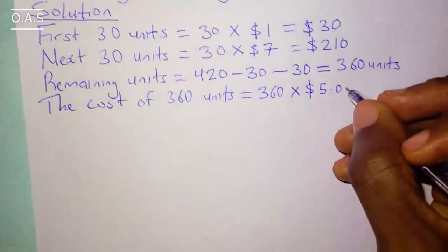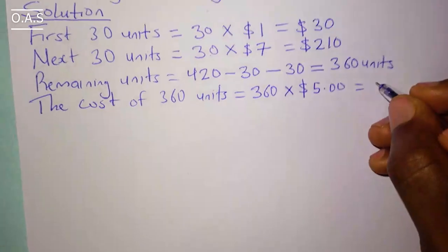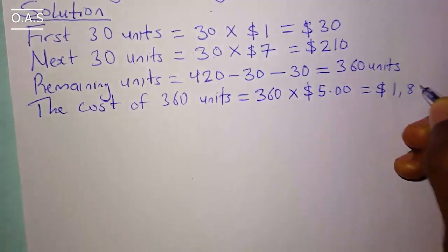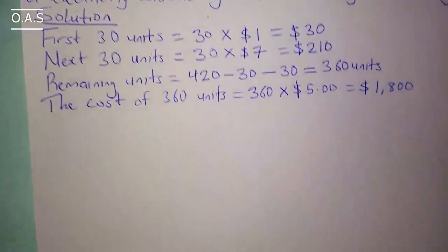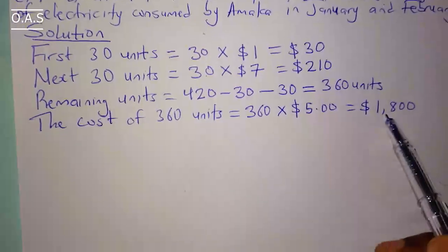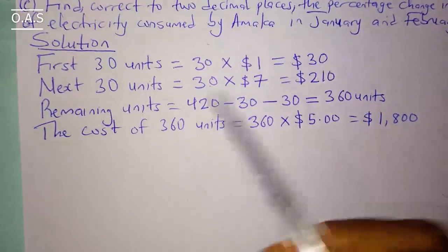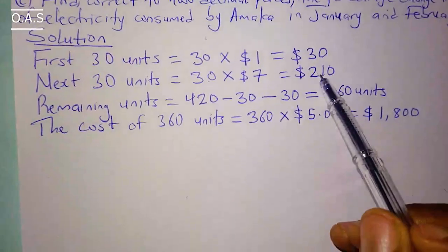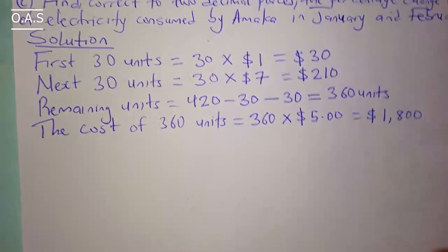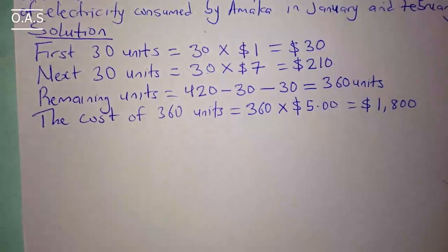That's going to be equal to $1,800. So the 360 units we have not accounted for will cost $1,800. So the first 30 units is $30, the next 30, which makes it 60, is $210, then the remaining 360 will be $1,800. So what is the total amount paid by Amaka for the month?